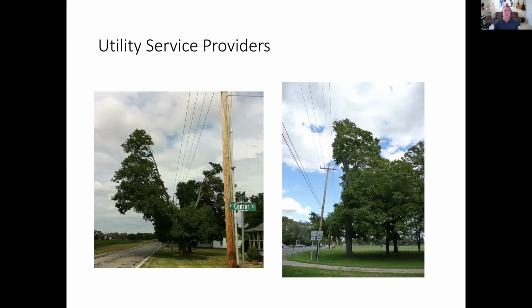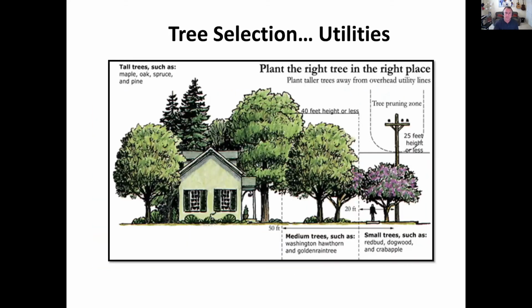And so we try to make those trees compliant with clearance requirements, but oftentimes it doesn't work. So pruning is necessary, but oftentimes we just may need to replace and replant with trees that are more compatible with that situation.